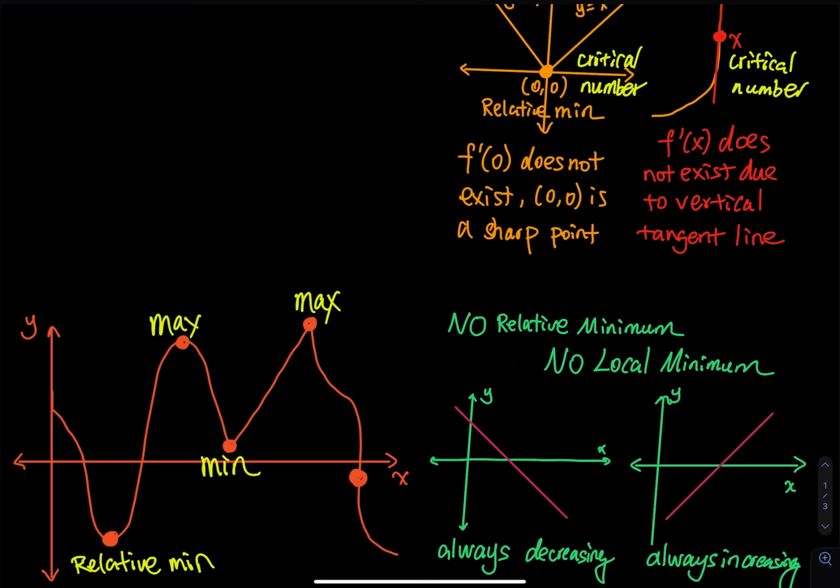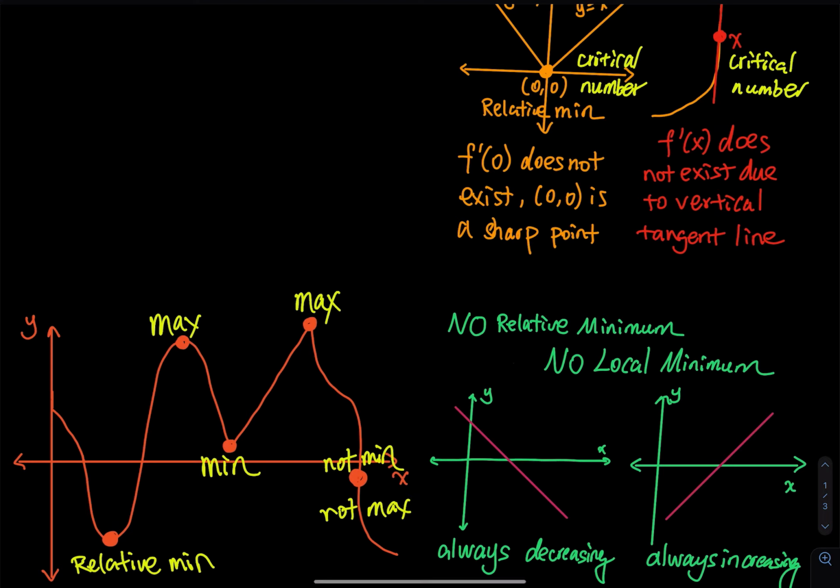If you have a curve going up and down, we can have more than one relative min and one relative max. It is completely normal to have more than one min and one max. How about the last one? It looks like the curve is decreasing the whole time. It is just decreasing, never goes up again. So this is not a min and not a max.